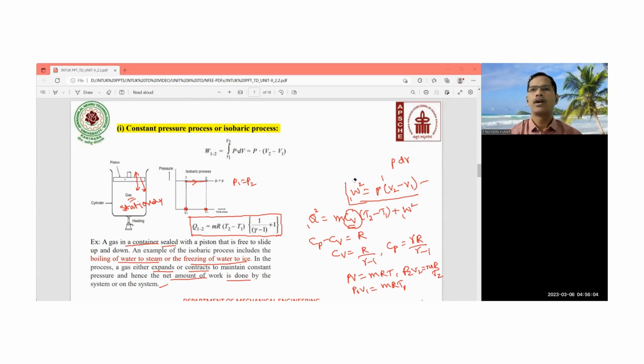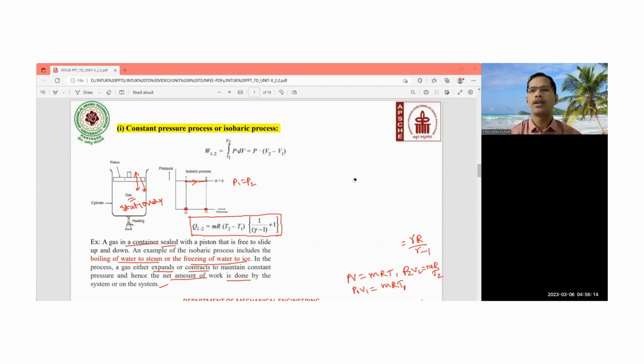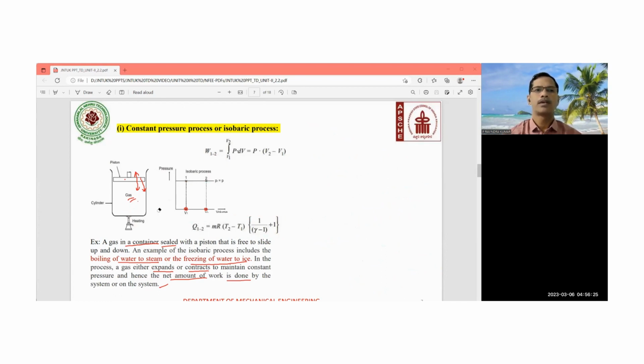This is how you have to develop the expressions for work transfer and heat transfer when a system is undergoing the isobaric process. The examples are also mentioned here, so try to observe the examples.